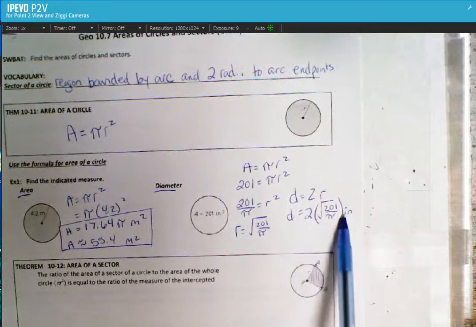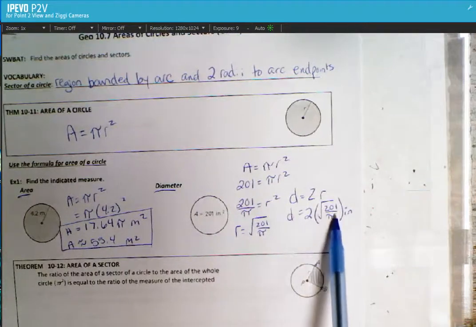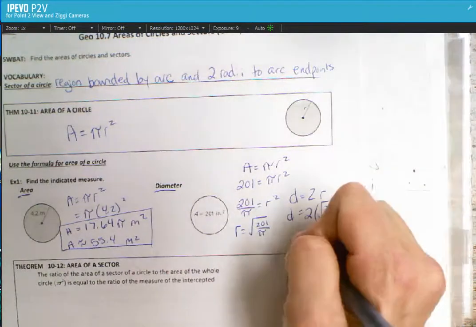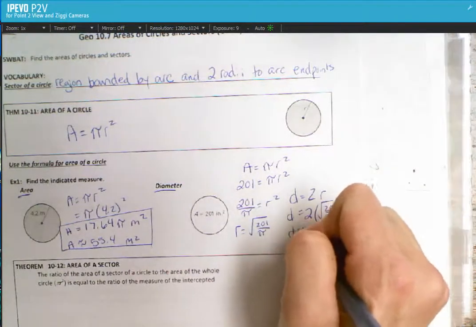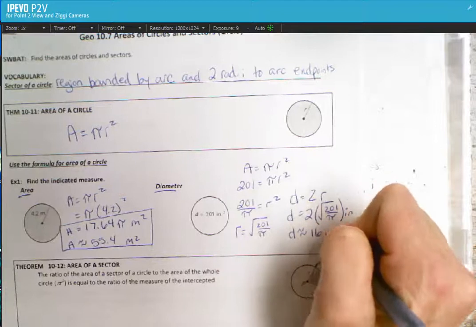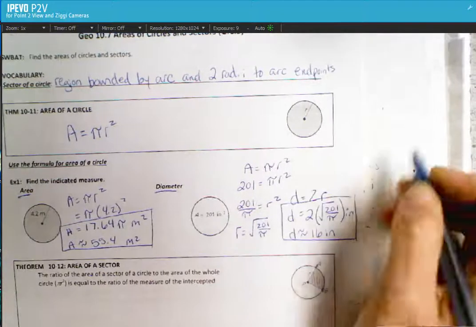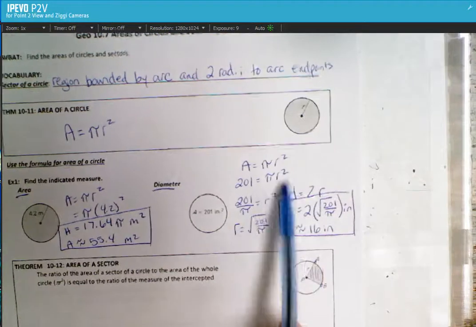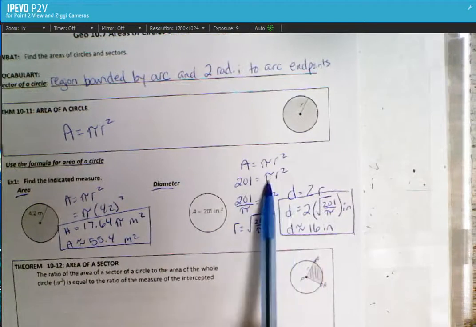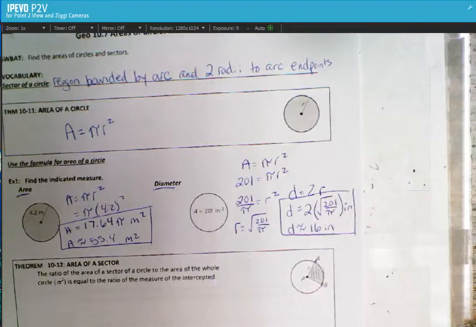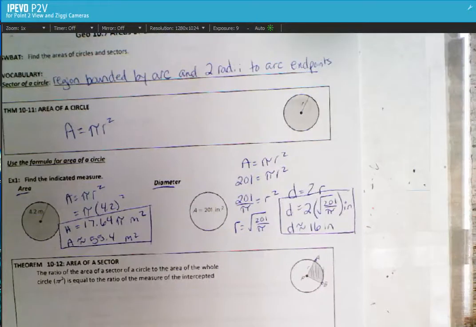You may need parentheses, and you may also need parentheses under your radical, depending on what calculator you're using. When I put that in my calculator, I get D is approximately 16 inches. And that's your diameter. If I put 16 squared times pi in my calculator, I'm going to get pretty close to 201. So that's how I can go back and check, to make sure I have this right.